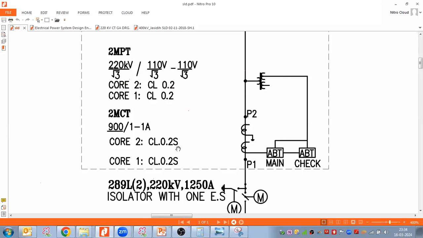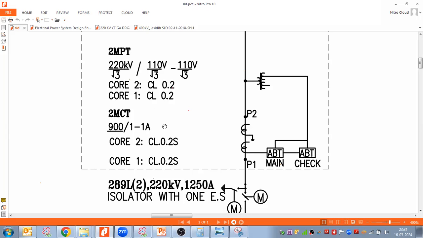In the metering class the error is 0.2%, right? In the PS class the error is 0.1%. It is an added advantage for the other participants.